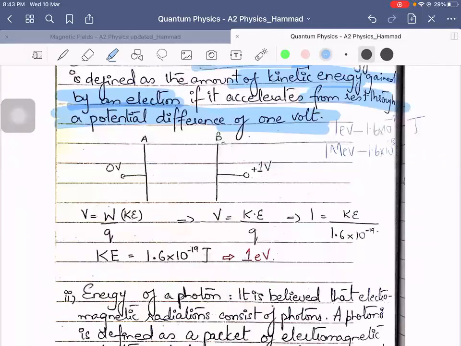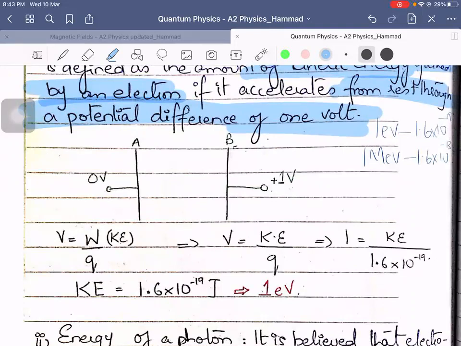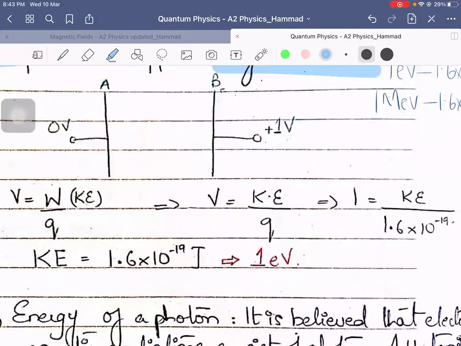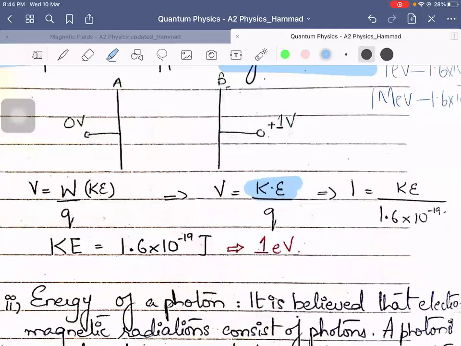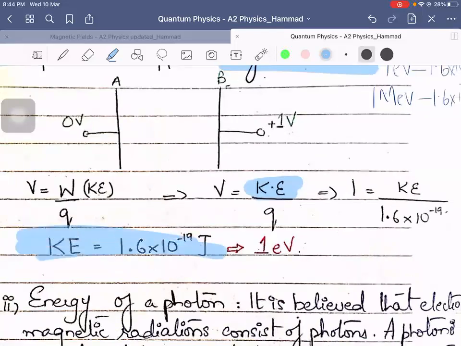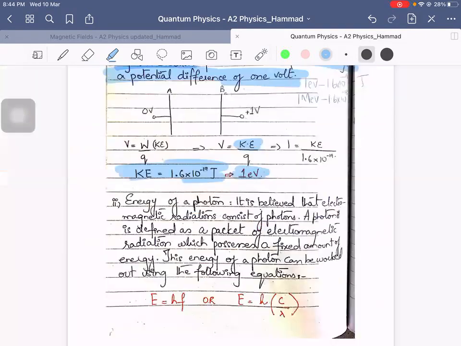Let's say I have two plates, 0 volts and 1 volt. The work done between the plates is defined as voltage equals work done upon charge. Work done could be replaced with kinetic energy, and simply you could work out that the kinetic energy is 1.6 x 10^-19, which is 1 eV.